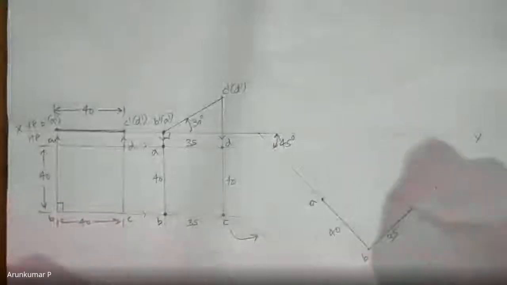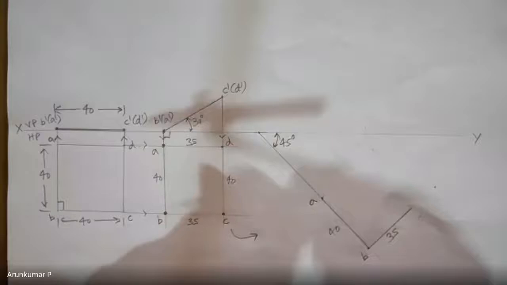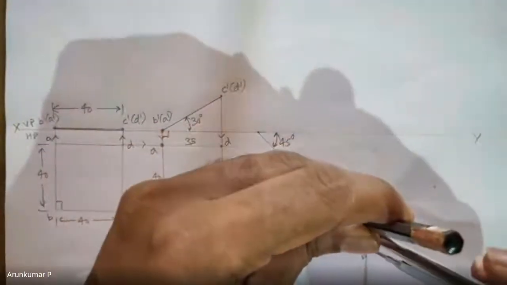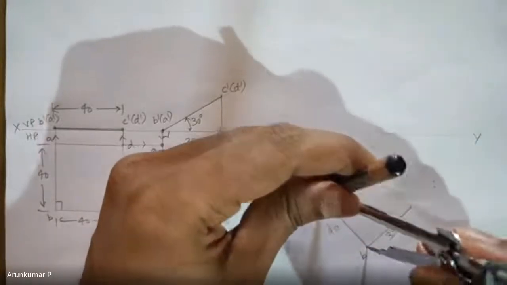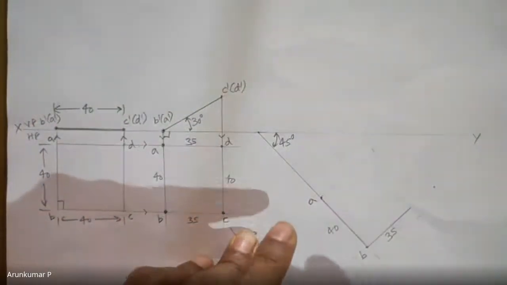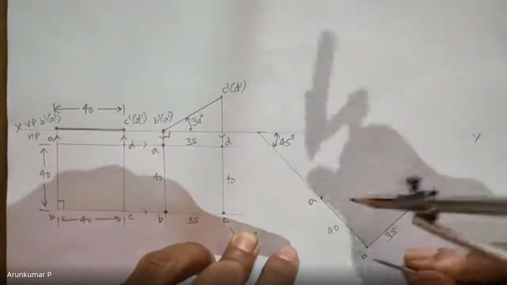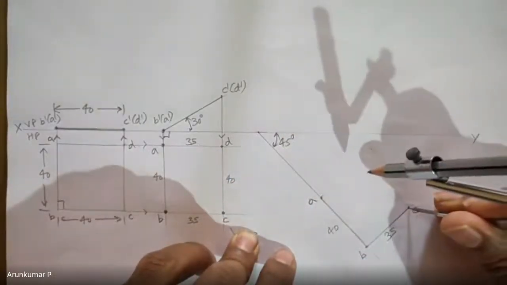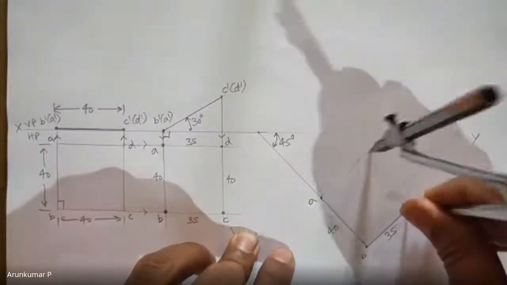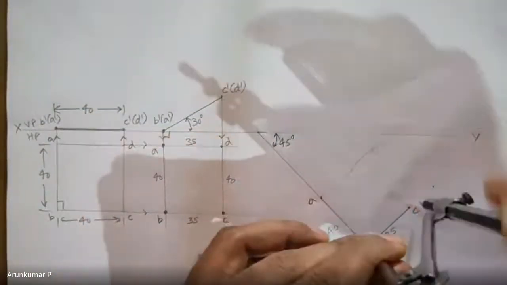See, if you want to locate the end D, you can measure this distance A to B with the help of the rounder. Now with this corner C as reference and radius equal to the same 40 mm as AB, you can make an arc like this. Then measure this B to C, 35 mm.